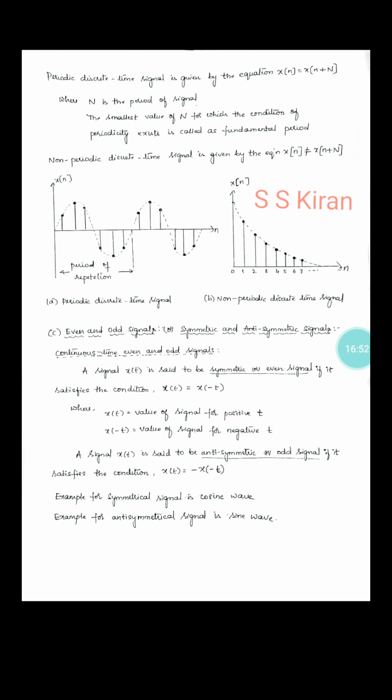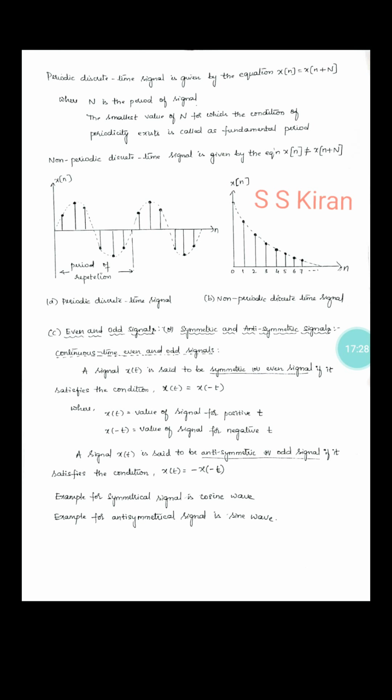The important condition for continuous time: a symmetric or even signal satisfies x of t equal to x of minus t. Then x of t equal to minus x of minus t is the anti-symmetric or odd signal.